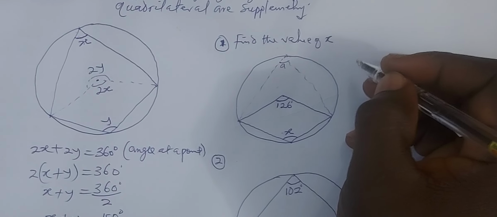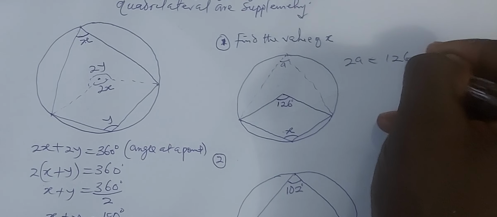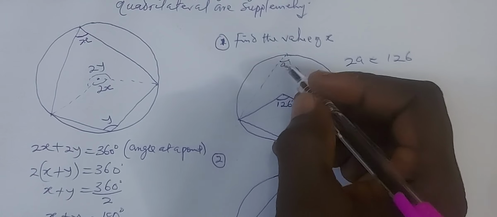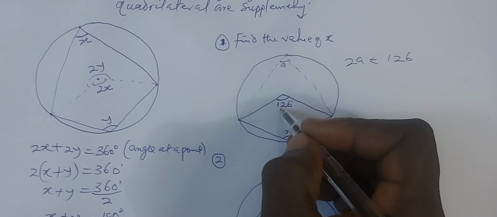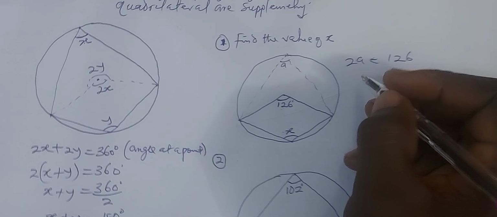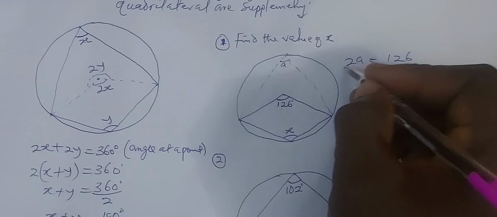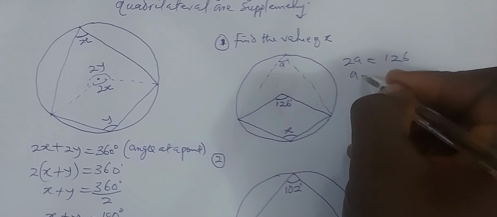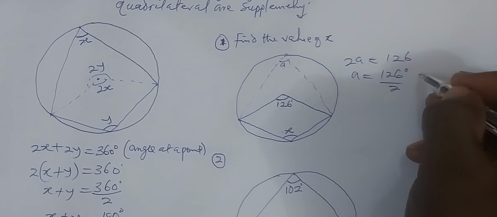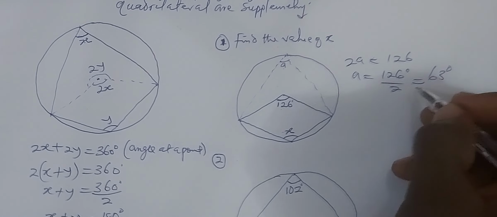So from here, 2a is equal to 126, since angle at the center is 2 times angle at the circumference. You go back to the previous video, you will see the theorem well explained. So what is the value of our a here? a is equal to 126 degrees divided by 2, which gives us 63 degrees.